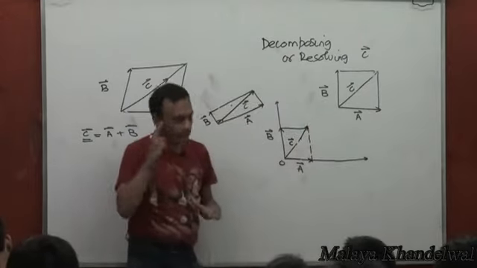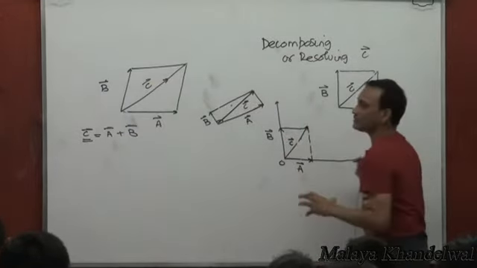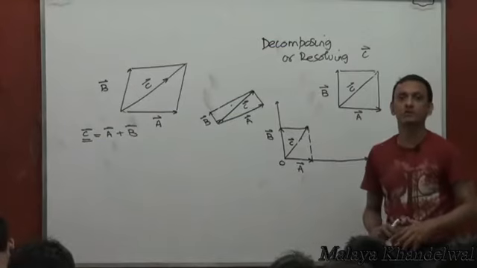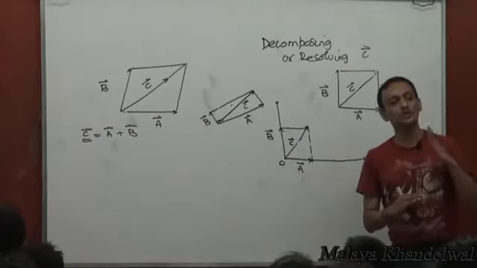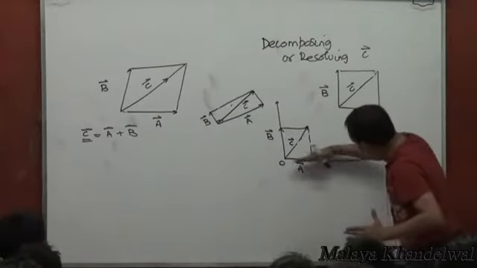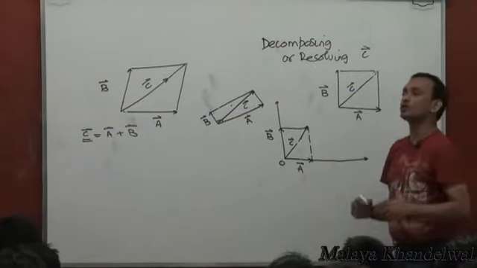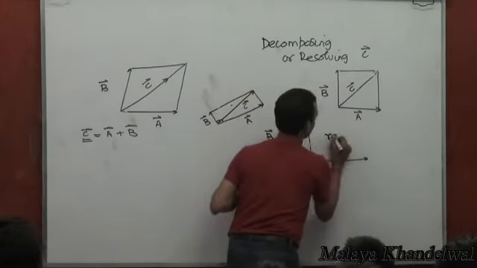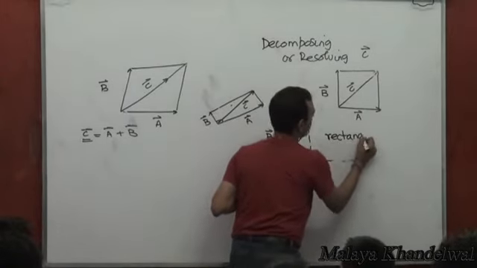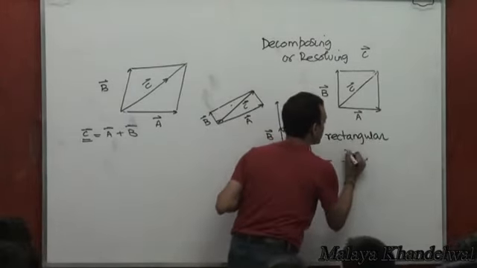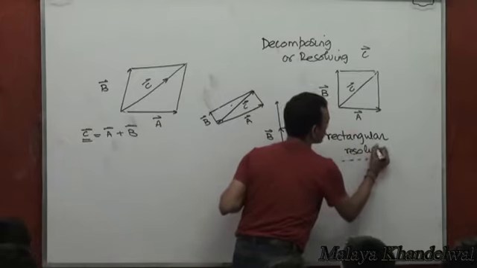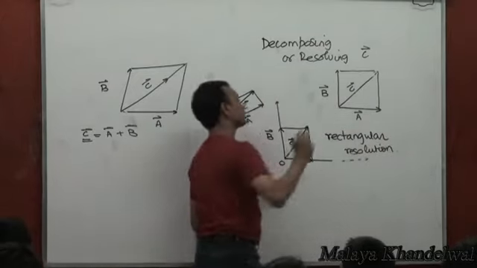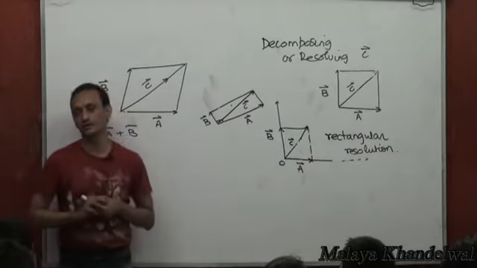Is that okay? This kind of decomposition of a vector in two mutually perpendicular directions is called a rectangular resolution.